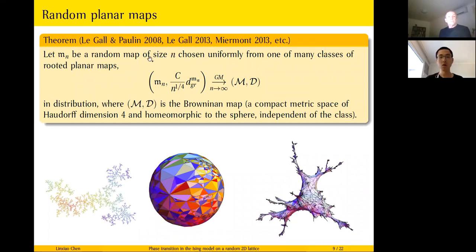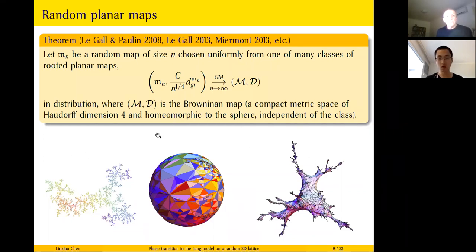So if you choose a uniform random planar map from one of many reasonable classes, and you renormalize the graph distance on these random planar maps by this factor, then the couple viewed as a metric space, when n goes to infinity, will converge to a continuous metric space, which is called the Brownian map. And we also know some of its properties, such as its Hausdorff dimension and its topology.